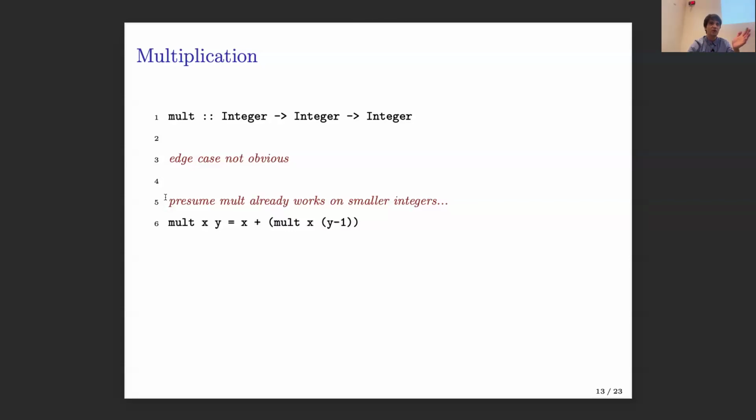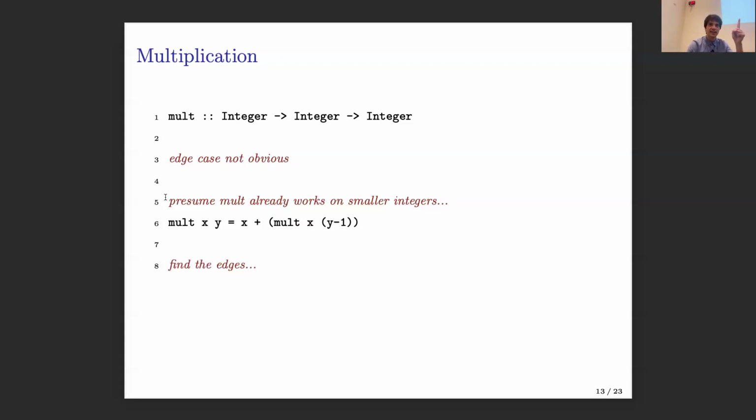Yes, I think that's morally correct. To multiply x by y is to add x to the multiplication of x and y minus 1. Well, how does that work? Who cares? The magic elves are sorting it out for us, right? But it's going to work. This will work.